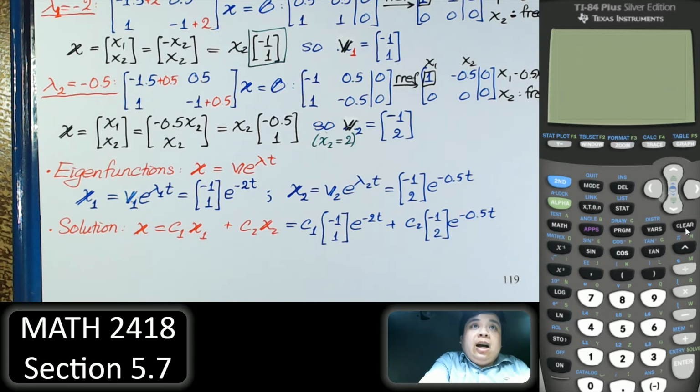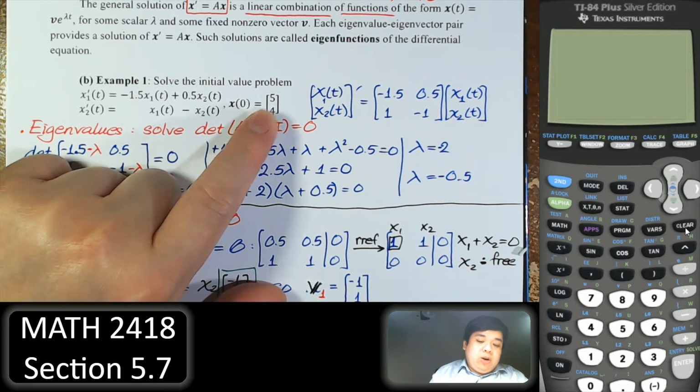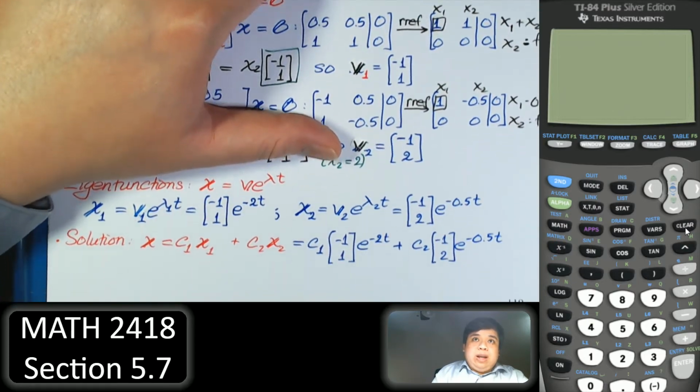Now in this case, we do have what we call the initial condition. That is, when t equal to 0, this equals (5, 4). So we let t equal to 0.